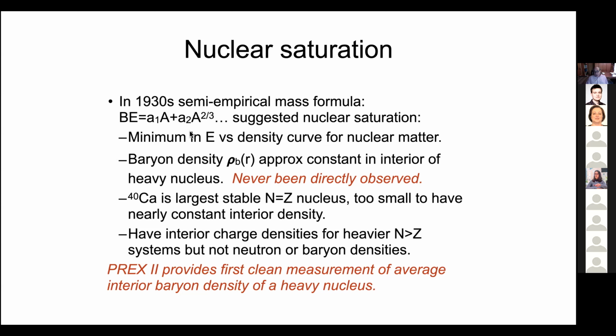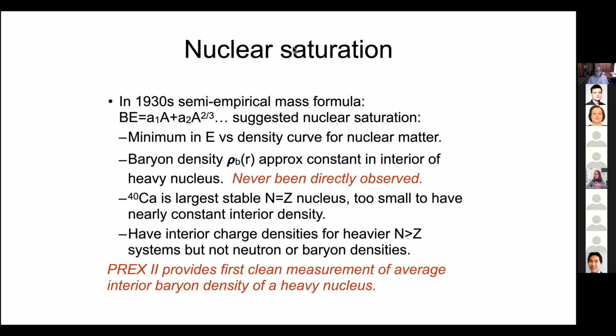So the curve saturates, has a minimum at nuclear density. Of course, infinite nuclear matter is a fictitious system, doesn't exist in nature. Nuclear saturation also means that the baryon density in the interior of a heavy nucleus should be approximately constant.